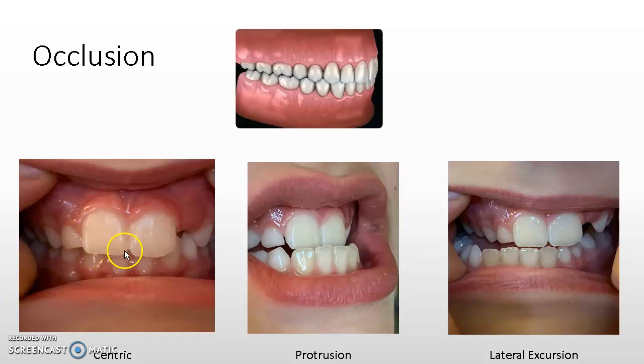We have a person biting normally. You can see their cuspation here. The maxillary teeth are on the outside. Here's where they're pushing their mandible far forward, and here you can see midline. So the person is in a right lateral excursion for that example.